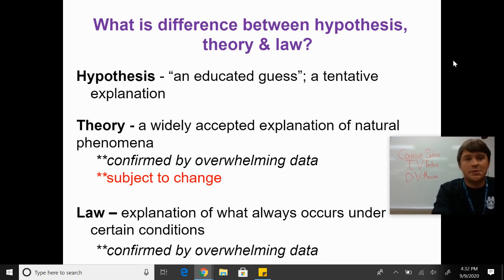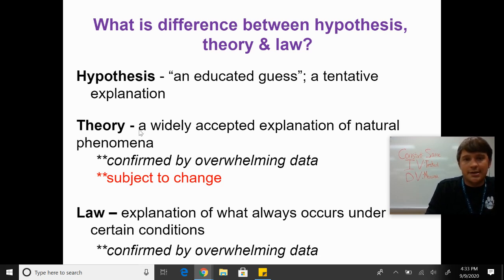So a theory is specifically going to be a widely accepted explanation of a natural phenomena. So for example, I always think of something like the Big Bang Theory. Not the show, there's data that suggests that this might be the way the universe formed. And there's a lot of data, but maybe in 50 years, there will be more data that comes out that changes it slightly and makes us kind of adapt our theory.